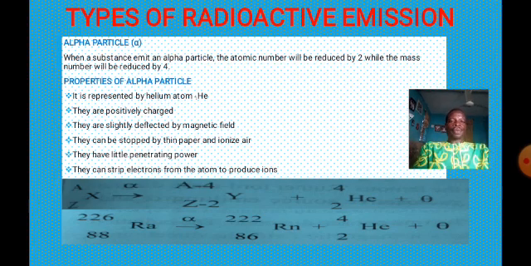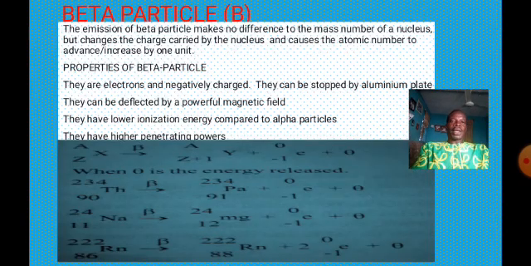Are you following? Okay. Let's move to beta particle. The emission of beta particle makes no difference to the mass number of a nucleus, but changes the charge carried by the nucleus and causes the atomic number to advance or increase by 1 unit.